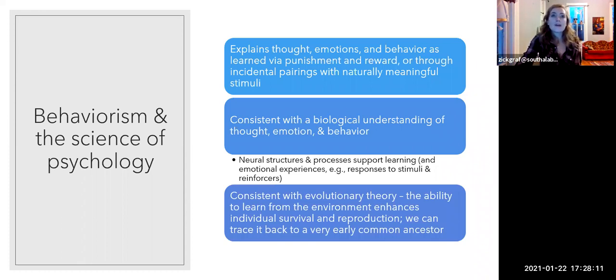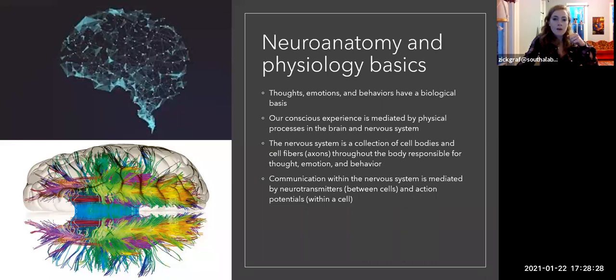So we can definitely trace this ability, the ability to monitor the environment, respond to the environment, and modify our own responses in response to feedback from the environment, back to a very early ancestor that humans share with most other living organisms.